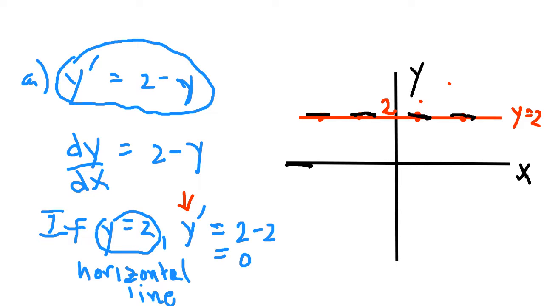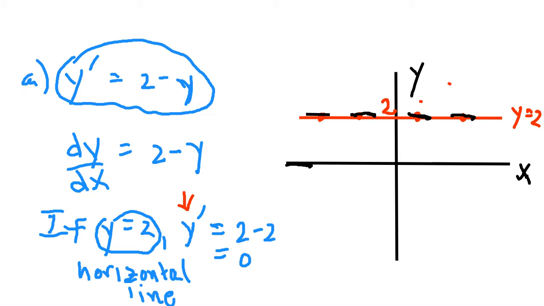A derivative is a slope of a tangent line. So along the horizontal line y equals 2, any solution that satisfies this differential equation would have to have flat slopes. And in fact, y equals 2 is an equilibrium solution, right? Because y prime equals 0.